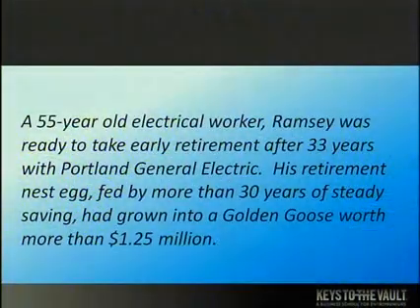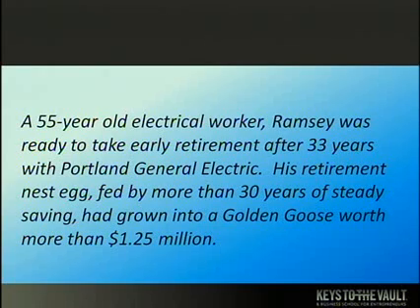I love this article. This article appeared in an Oregon newspaper on December 18th, which is after Enron filed bankruptcy. It says this: as 2001 started, Tim Ramsey felt like $1 million. A 55-year-old electrical worker, Ramsey was ready to take early retirement after 33 years with Portland General Electric.